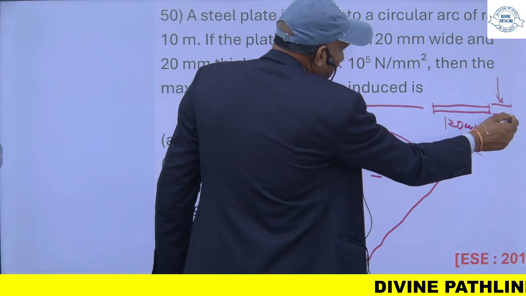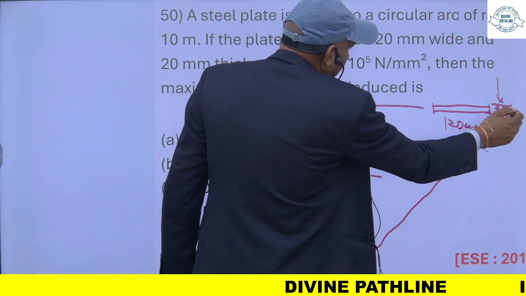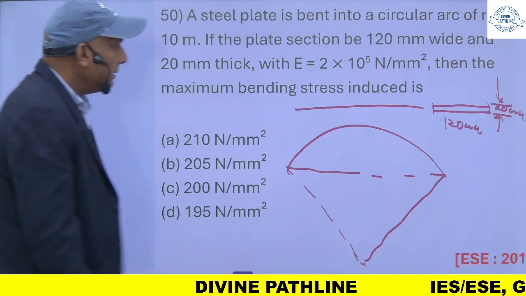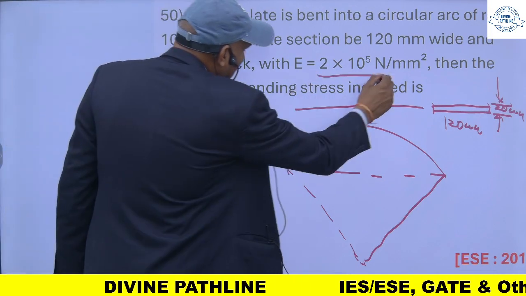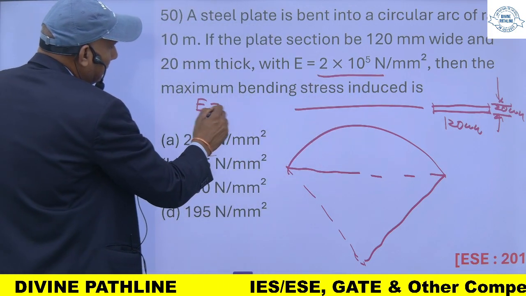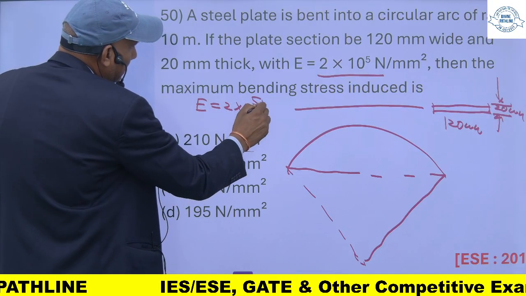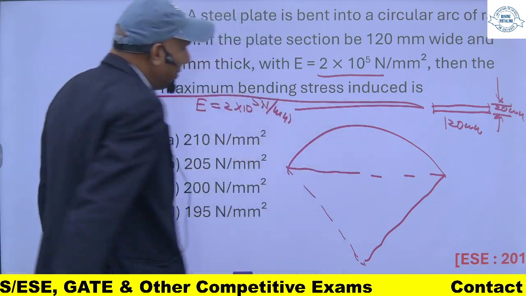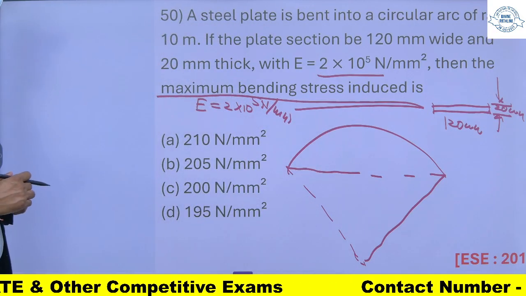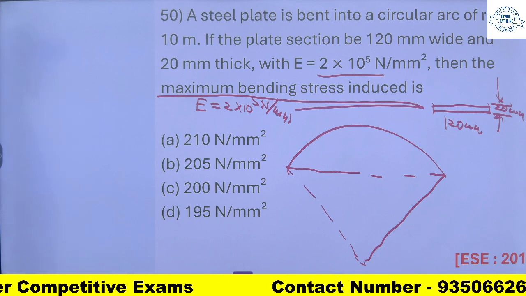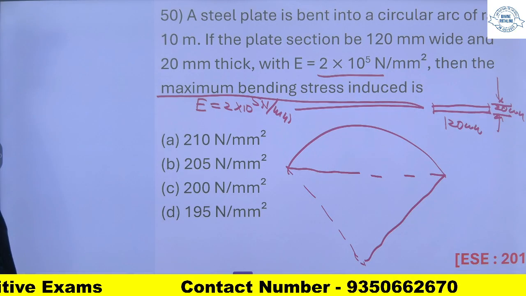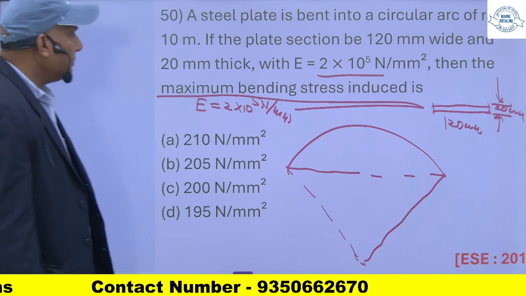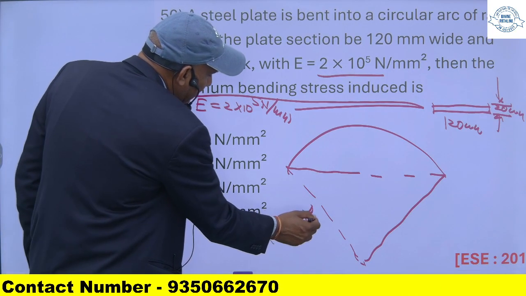So this thickness is 20 mm. Young's modulus of elasticity is this one. Then the maximum bending stress induced will be how much? So in this case, the radius of the arc is 10 meter. This R is equal to 10 meter.